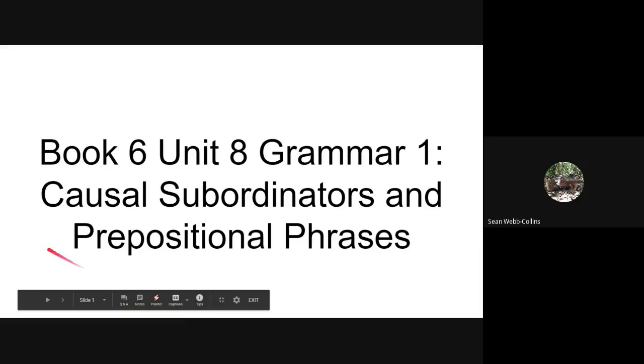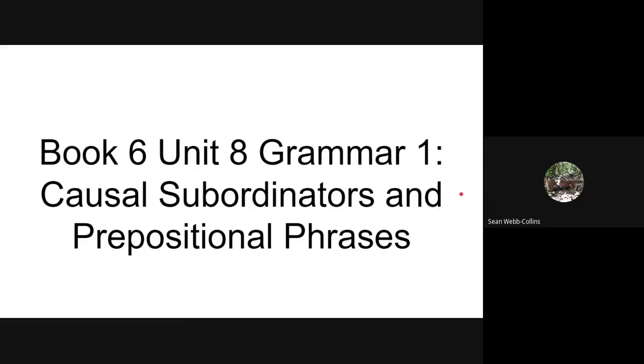Now, if that all sounds a bit complicated, don't worry, because we'll be going into a lot more detail in the following slides. This is just to give you a brief idea of what we're going to expect. So let's begin.